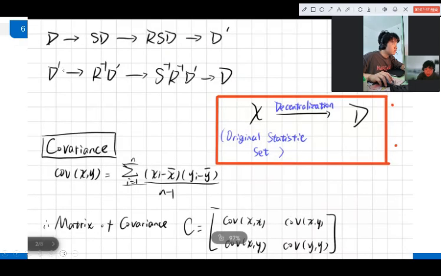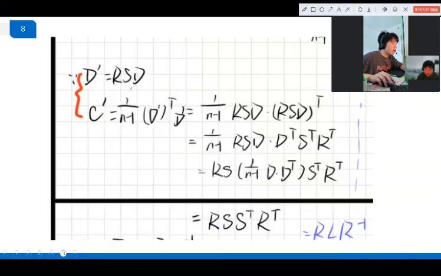And if we want to get D from D prime, we could multiply by R inverse and S inverse to get D. So D prime equals R S D.